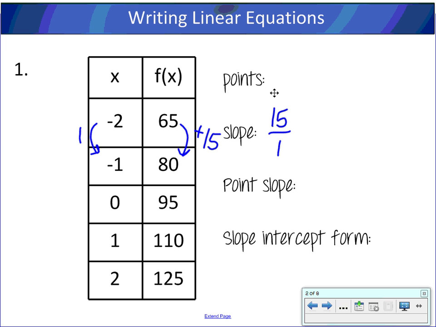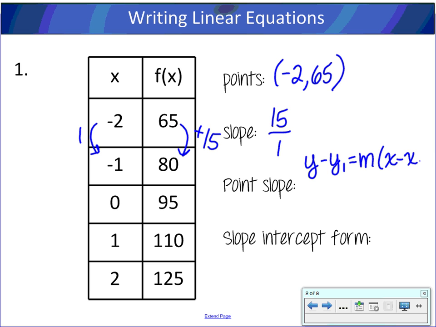So our slope is 15 over 1. And this up here is just telling us some points that we could use. You can use any one of these points. It does not matter which one you use. I'll go ahead and use the first one, which is negative 2, 65. If we're going to write this in point-slope form, point-slope is y minus y sub 1 equals m, and then we've got x minus x sub 1.